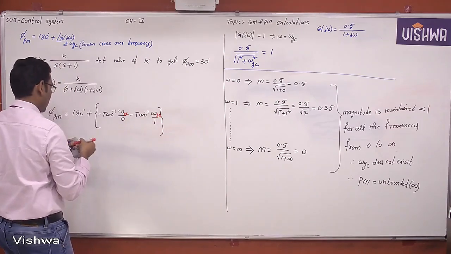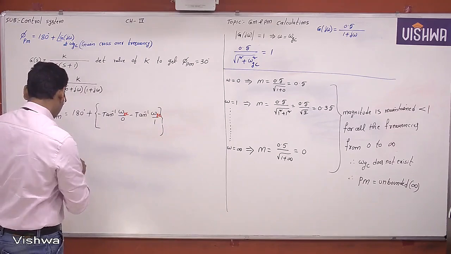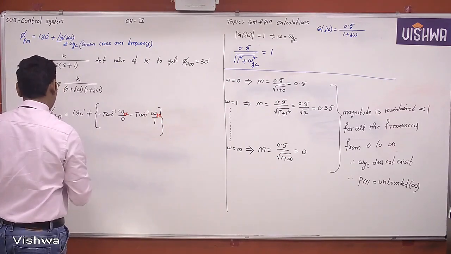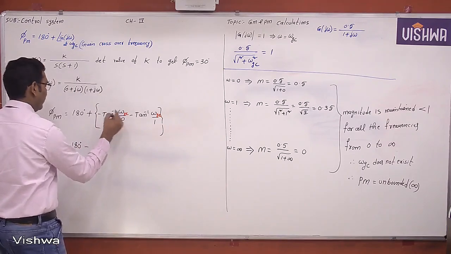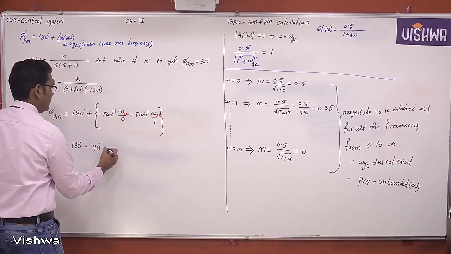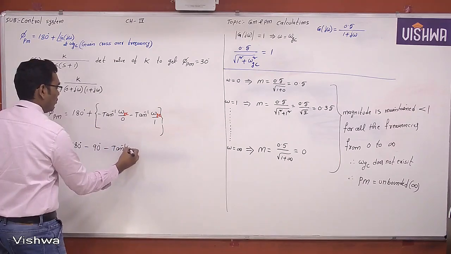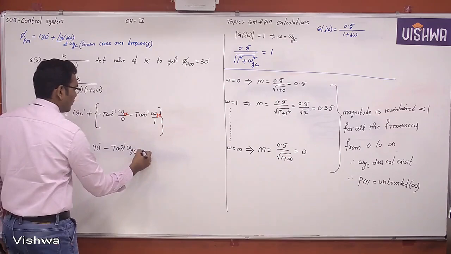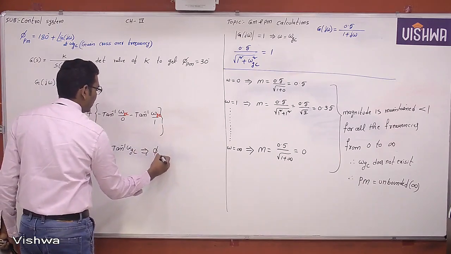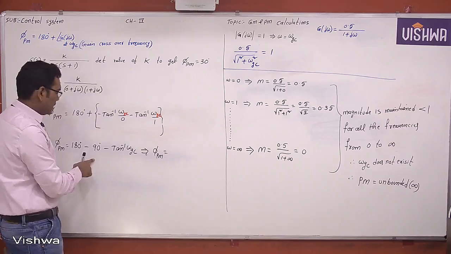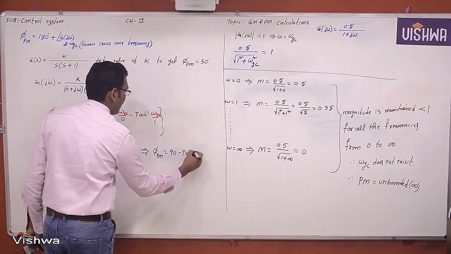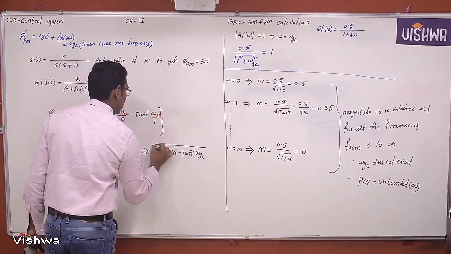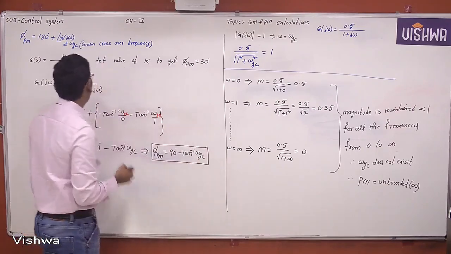Now the phase margin is equal to 180 degrees minus tan inverse infinity, which is 90 degrees, minus tan inverse omega GC. Therefore, the phase margin is equal to 180 minus 90, 90 degrees minus tan inverse omega GC. This is the phase margin of the given open loop transfer function.